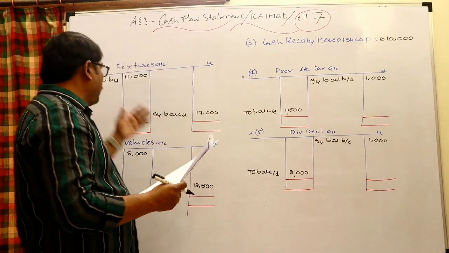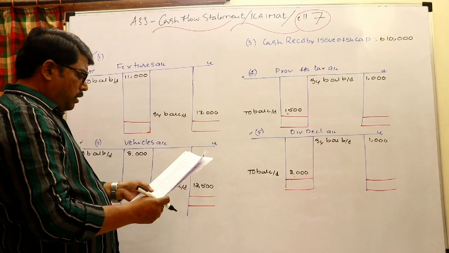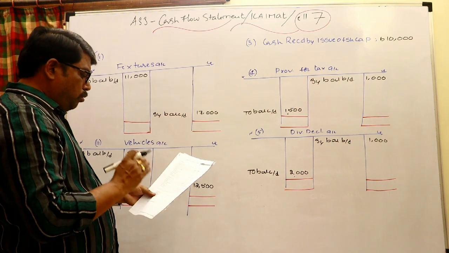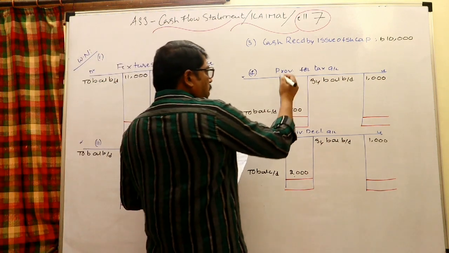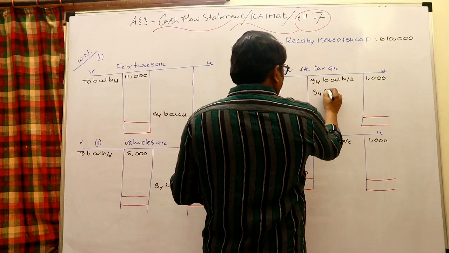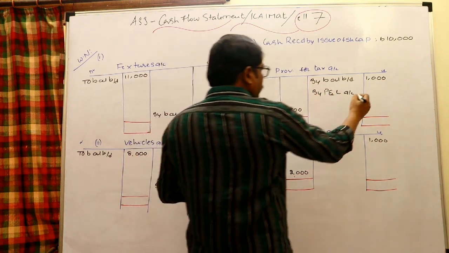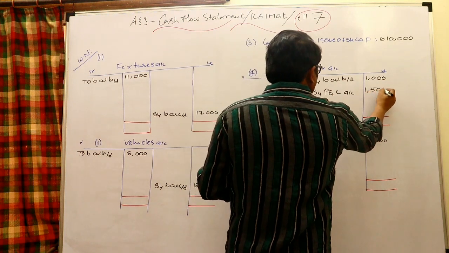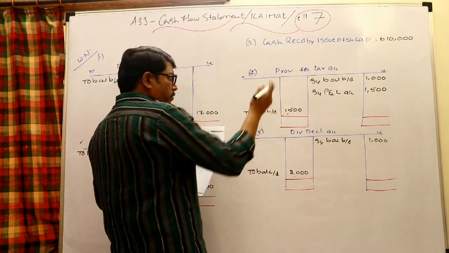Now let us consider, particularly, the provision for taxation. We know that taxation provided through P&L is 1,500, for which the entry is P&L to provision for tax. In the provision for tax, by P&L, through the current year P&L provision made 1,500. Automatically, how much tax was paid during this period we can know as a balancing figure.